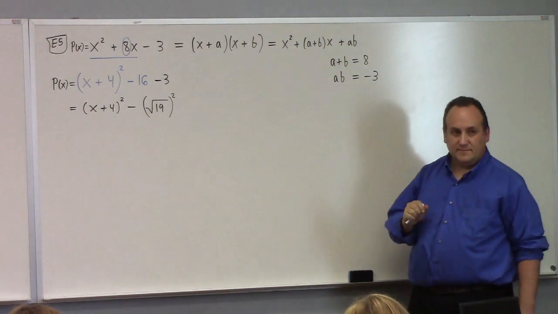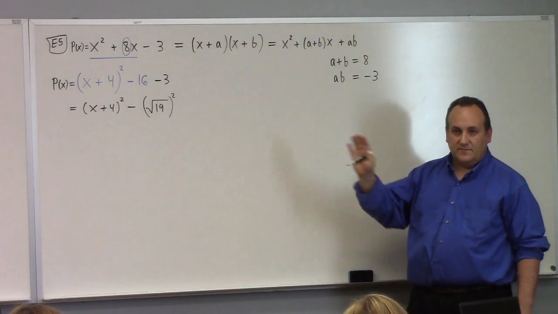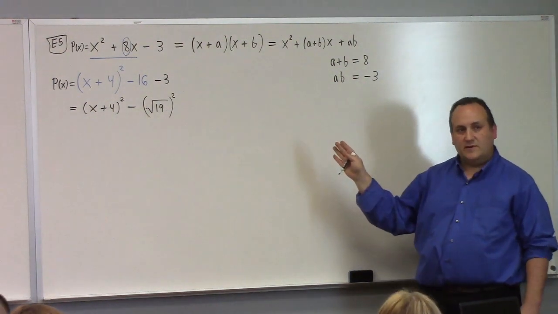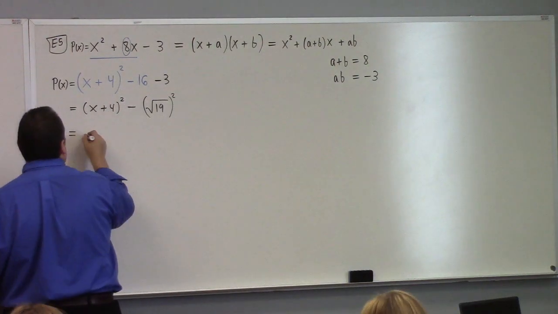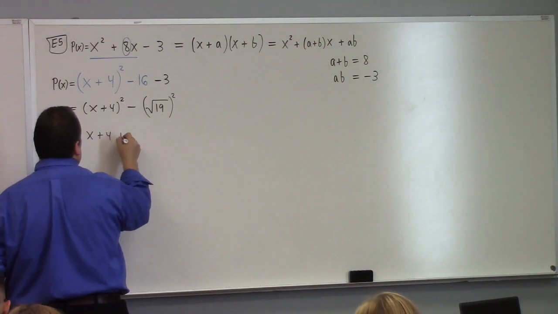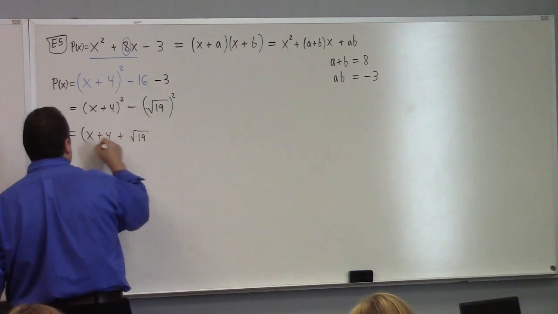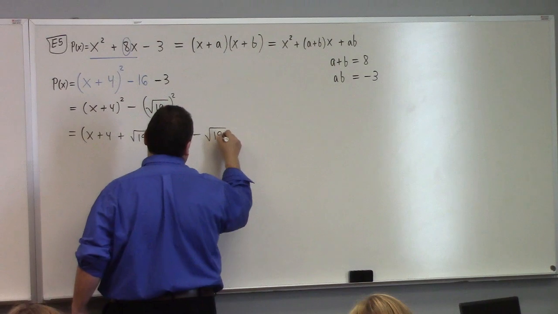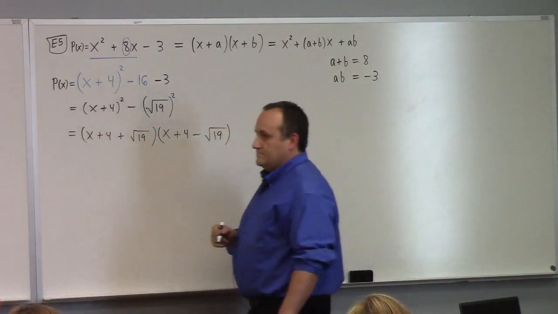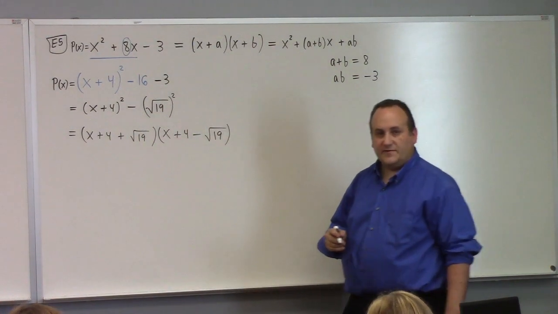Now what do we have? Difference of squares. So we can use the difference of squares pattern yet again. x plus 4 plus the square root of 19 times x plus 4 minus the square root of 19. Factored.